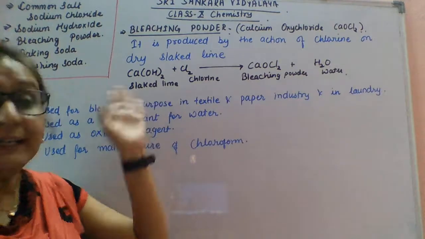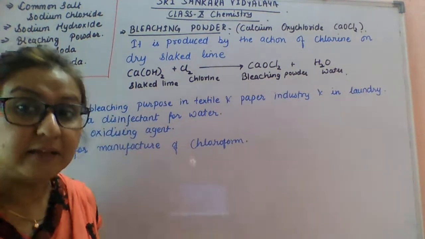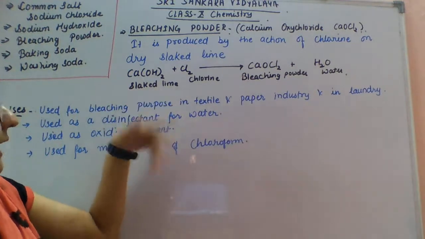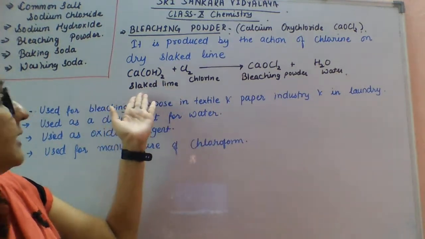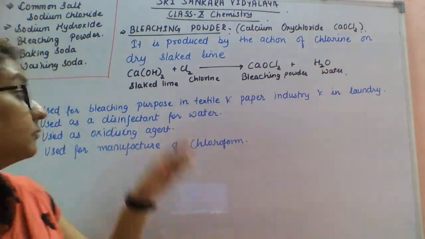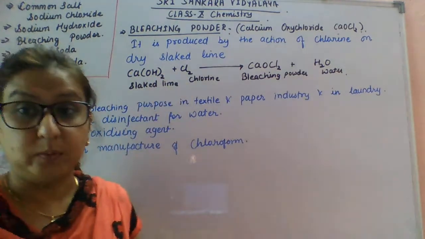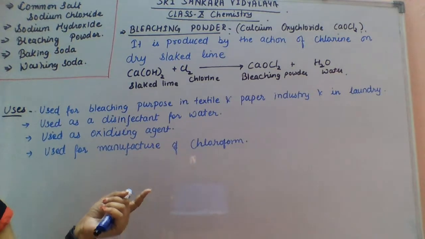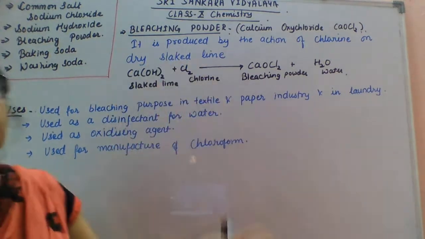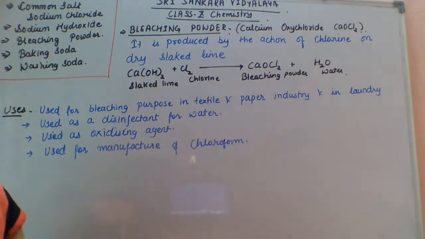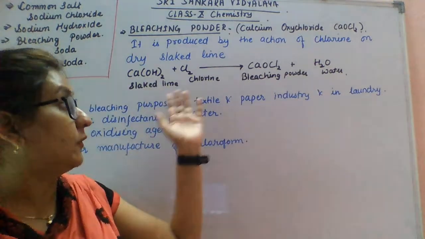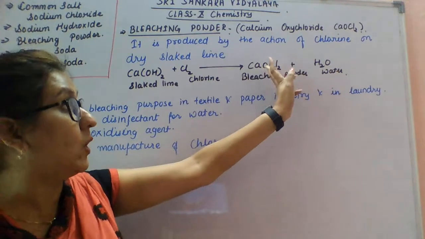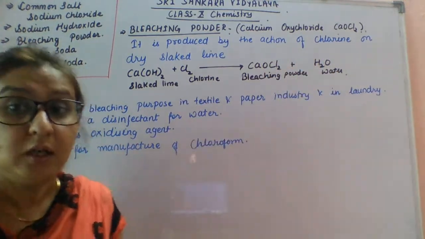So when the dry slaked lime, Ca(OH)2, is in the presence of chlorine Cl2, it forms bleaching powder, CaOCl2, and water.